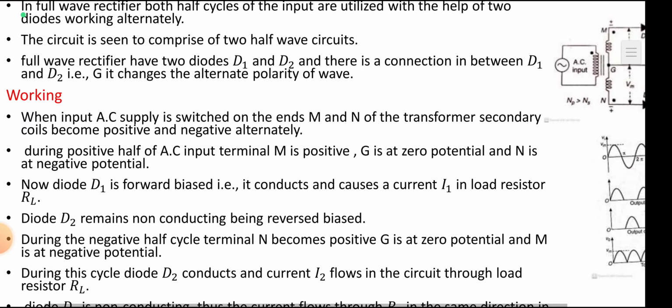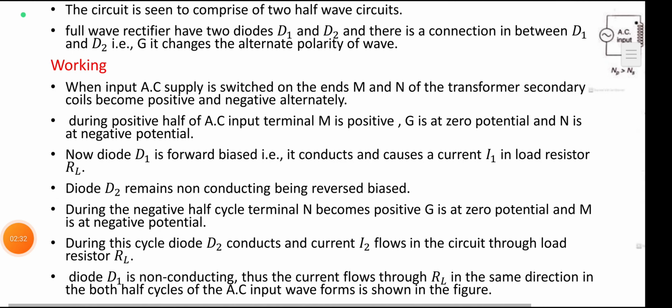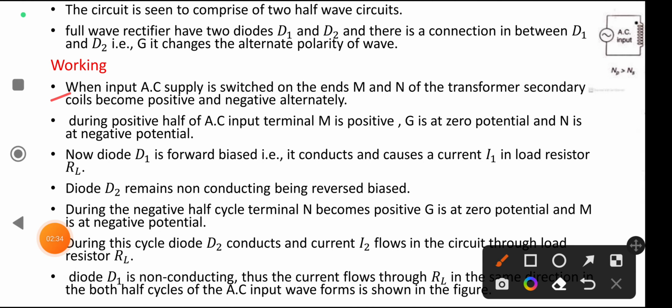Next, working. How does it work? When the input AC supply is switched on, the ends M and N of the transformer's secondary coils become positive and negative alternately.